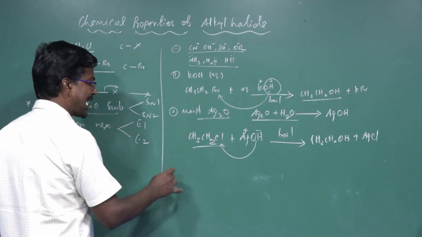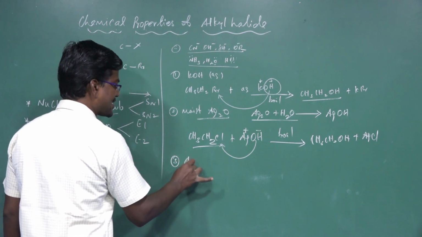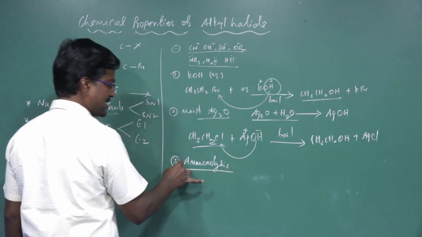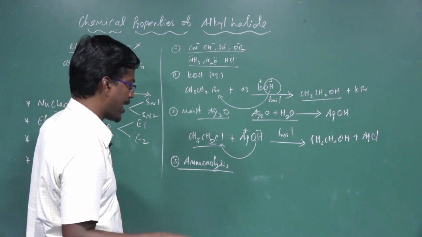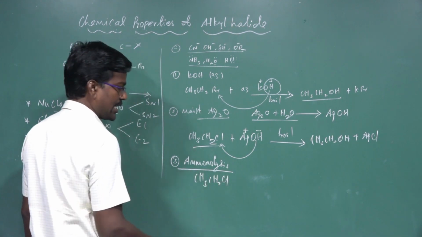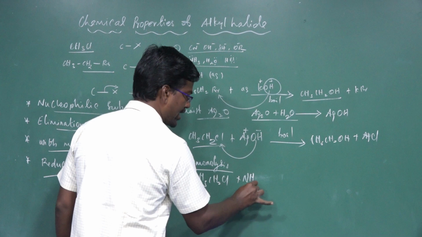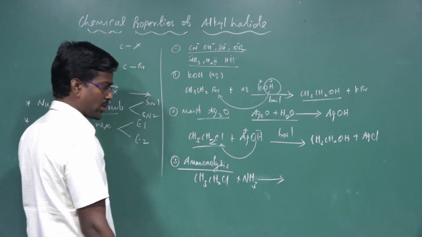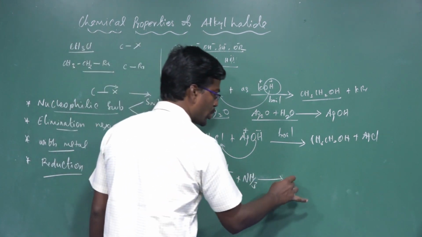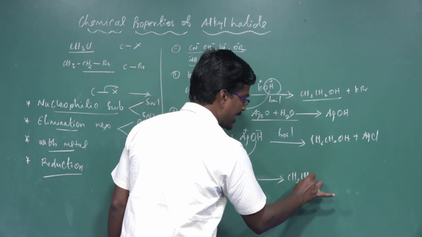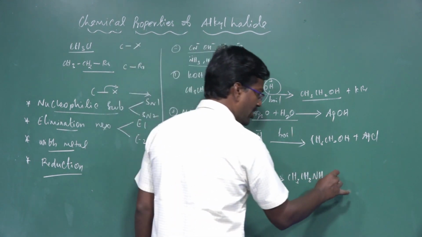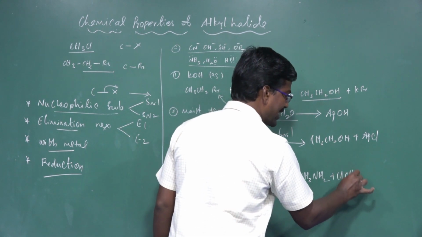Another one, ammonolysis. What is the meaning of ammonolysis? An alkyl halide reacts with ammonia. Ethyl chloride reacts with ammonia, NH3. One hydrogen from the ammonia and chlorine from the ethyl chloride are removed as HCl to form ethylamine, CH3CH2NH2. Ethylamine further reacts with another mole of ethyl chloride.